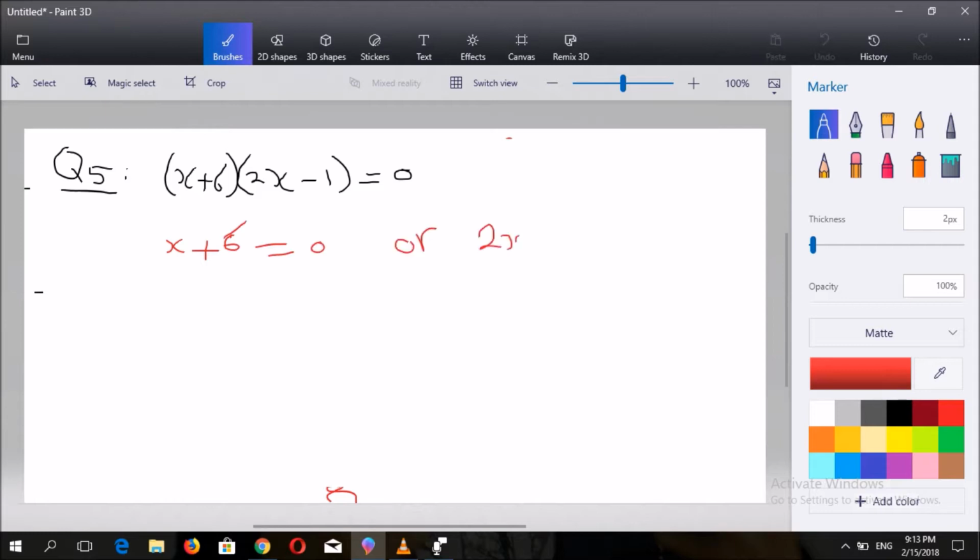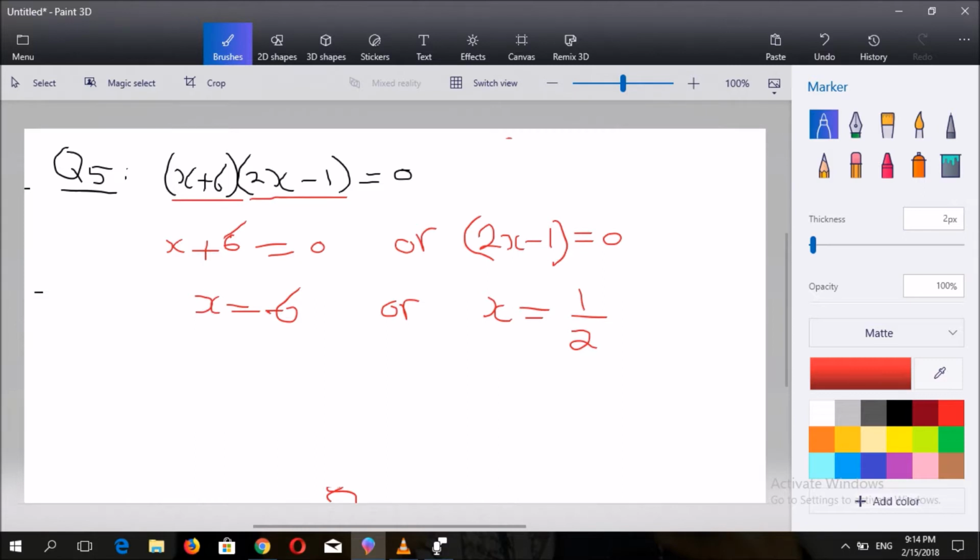Suppose that you are given this equation which is 5x minus 7 is equal to 28. Okay, so this is a very simple question which asks us to evaluate the value of x.